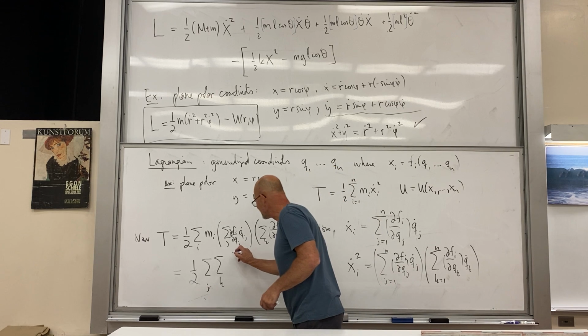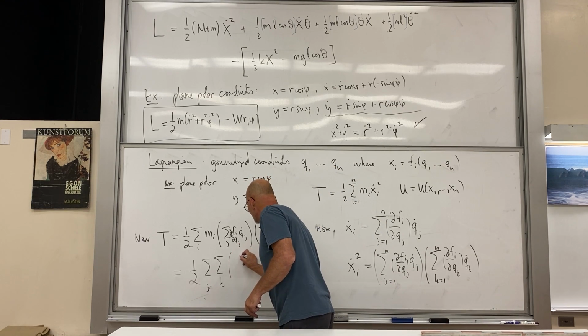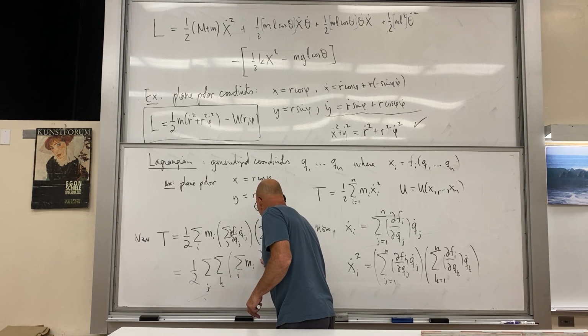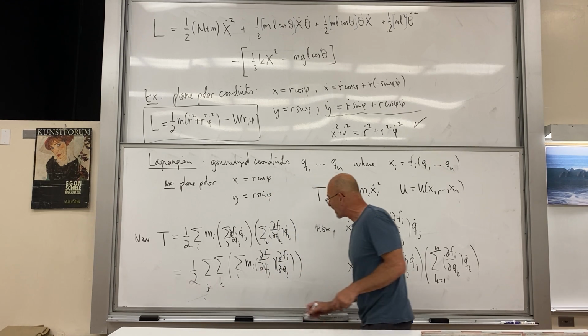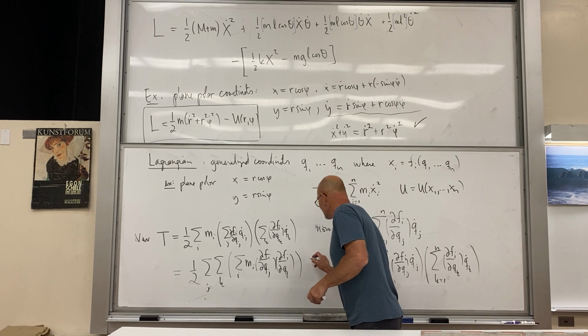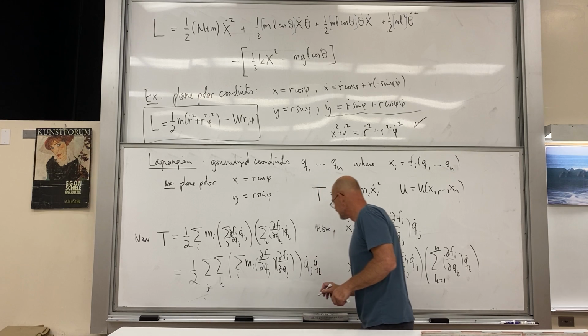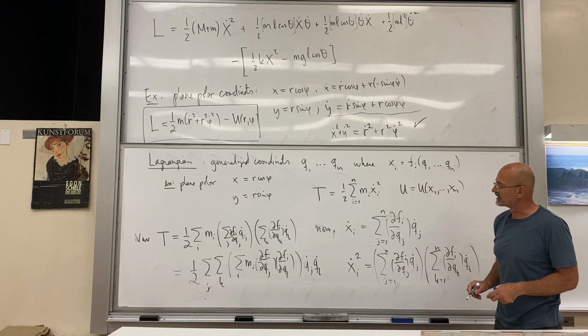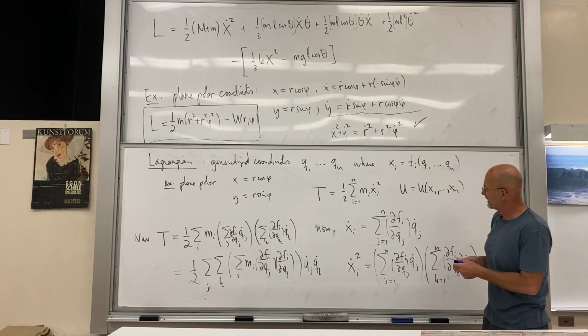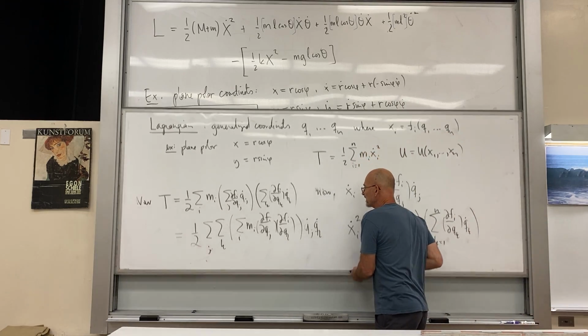And then inside here, we will have sum over i, m sub i, partial f sub i, partial q sub j, partial f sub i, partial q sub k. And then outside of that sum, we have the q sub j dot, q sub k dot. This is the kinetic energy.